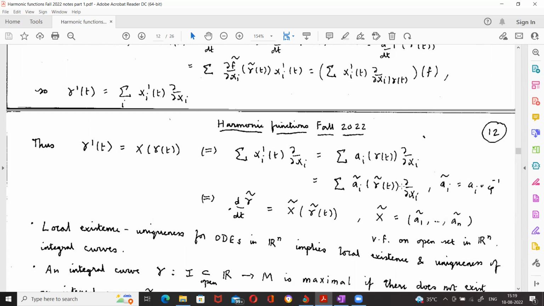Okay. So the ai tildes are now smooth functions in Rn, right? And gamma tilde is a smooth curve in Rn. And these xi primes are the components of the derivative of gamma tilde. So when I equate coefficients here, what I'll get is xi prime is equal to ai tilde of gamma tilde.